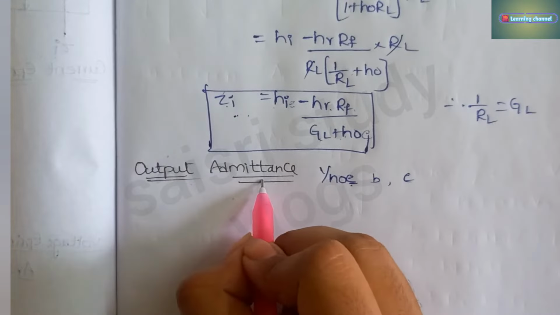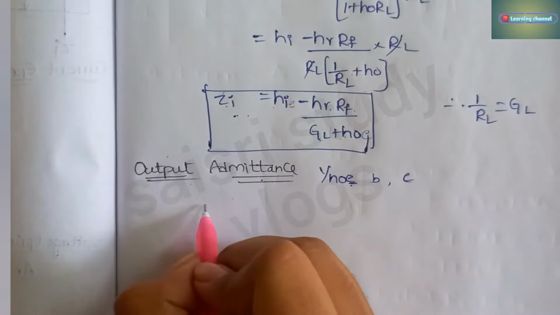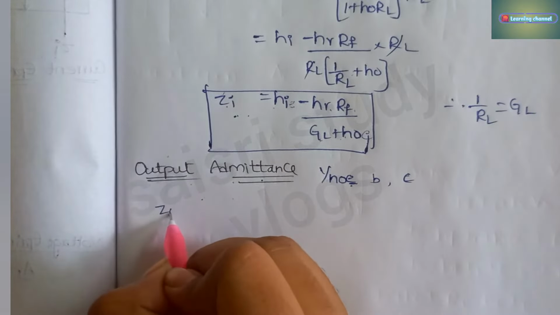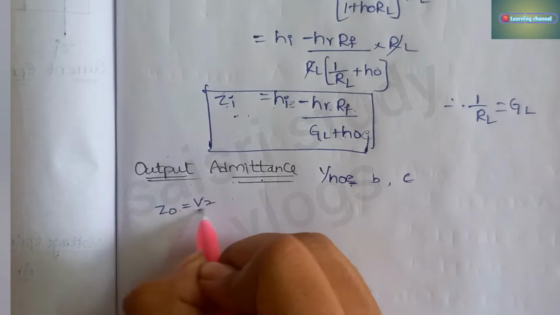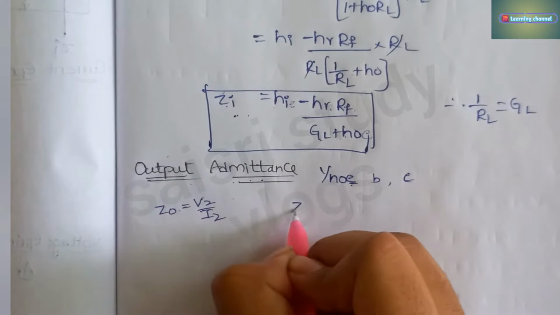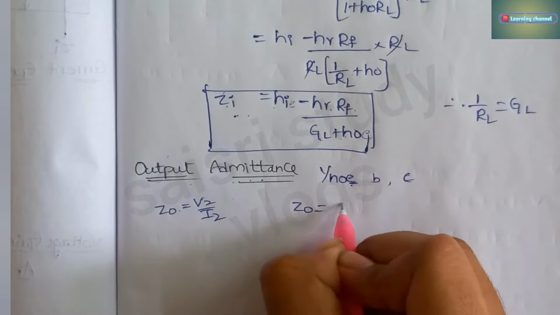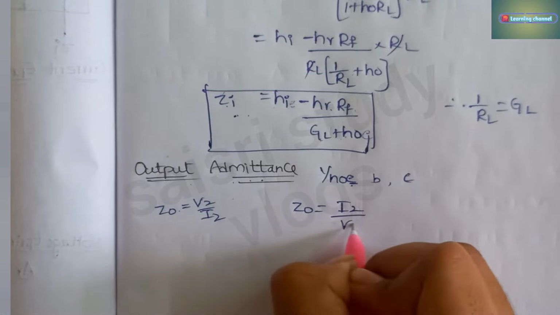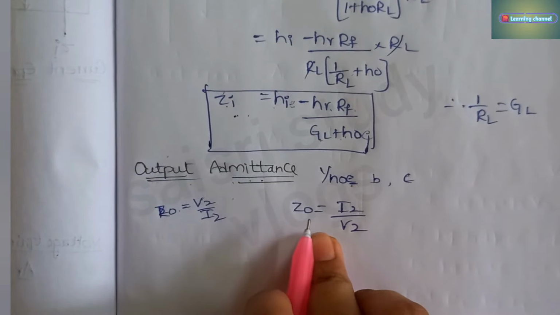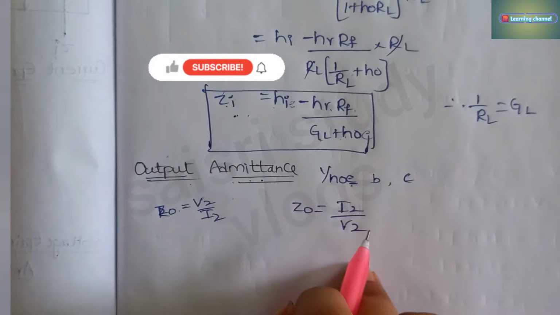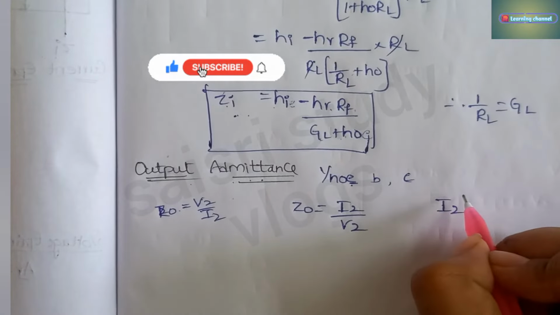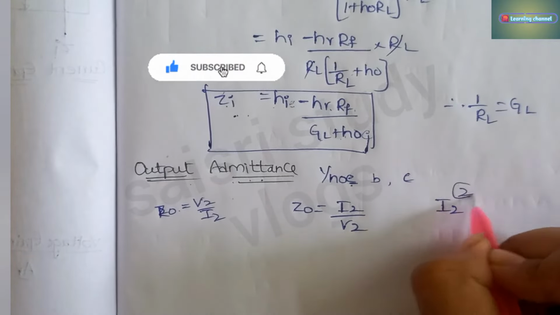For the output admittance, we have to take the output voltage and the current. For Z out we would write V2 by I2, but as it is an admittance, we write I2 by V2. So Y naught is equal to I2 by V2. This is the output admittance formula.